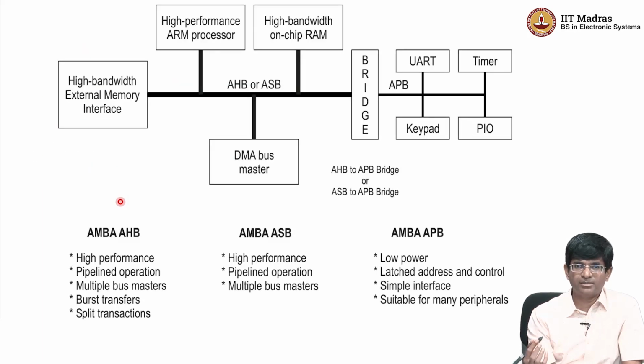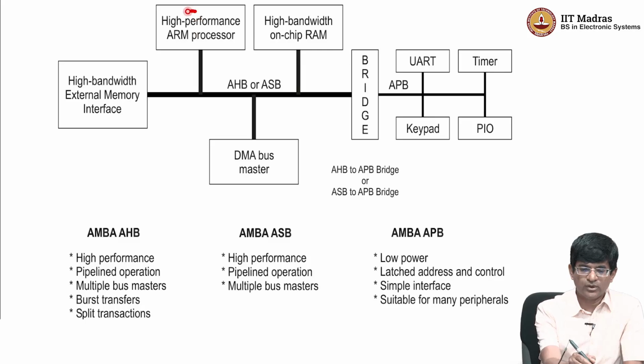Now, with all of that in mind, this is a typical picture that comes about. In fact, this picture is taken directly from the data sheet for the AMBA bus, the Advanced Microprocessor Bus Architecture, which is defined by ARM. And as you can see, there is the ARM processor, which is the high performance system sitting over here. The way they define it is the AMBA architecture has multiple different ways of handling things.